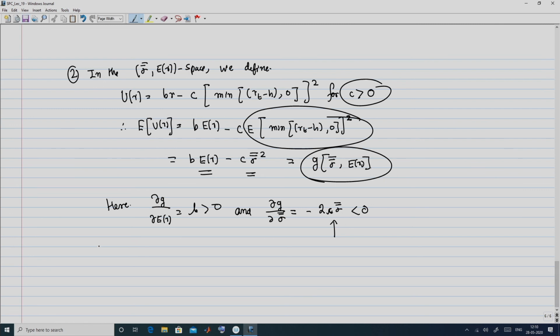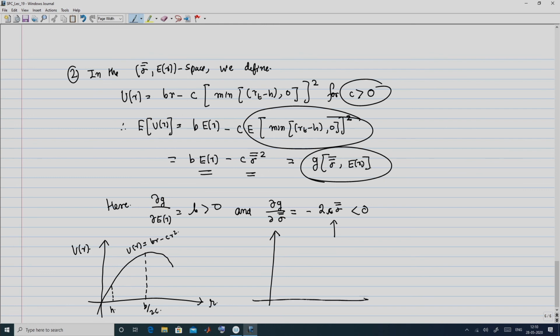Okay, so graphically this is going to look something like this. So, this is the first case, and you look at U of r. What is U of r? U of r is Br minus C r square, and this is my threshold H, and this is going to be my B over twice C. And the graph for the newly defined quadratic utility, this is more important, is going to look something like this, and then it is going to be a straight line.